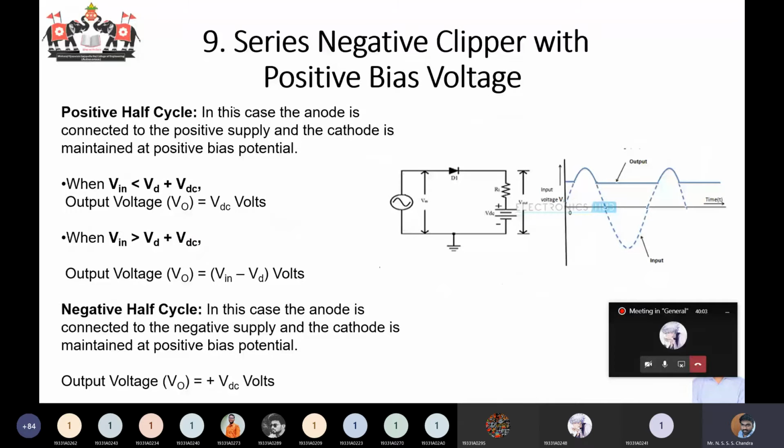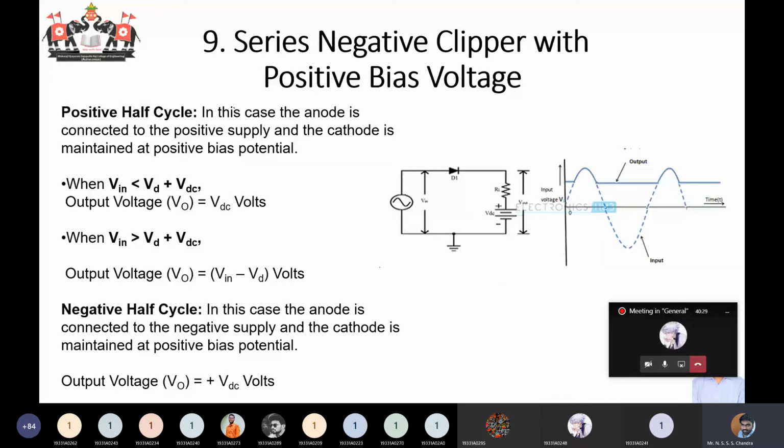And then we have a series negative clipper with positive bias voltage. Earlier we had the positive clipper, in which the positive portion of the waveform has been ripped off, whereas here we are going to cut the negative half cycle.